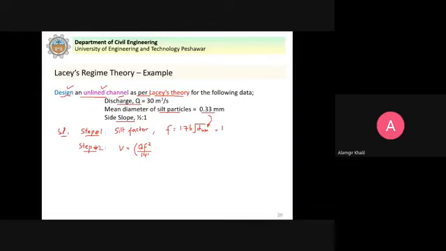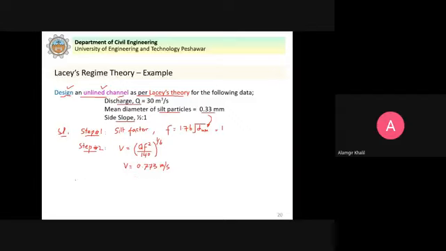Take care of the system of units. Now discharge is given and F is calculated in step number 1. So this V comes out to be 0.773 meter per second.